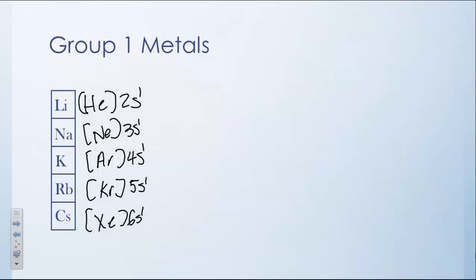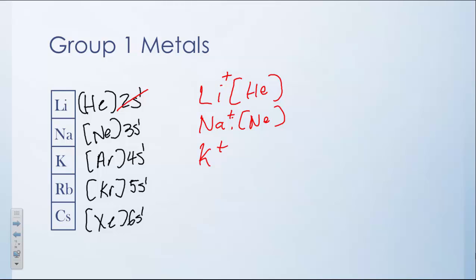So for lithium, we're going to remove one electron, and we're going to form lithium plus that has an electron configuration that's just helium, isoelectronic with helium. For sodium, we've already said sodium plus, isoelectronic with neon. For potassium, we're going to readily form a potassium plus ion and become isoelectronic with argon.